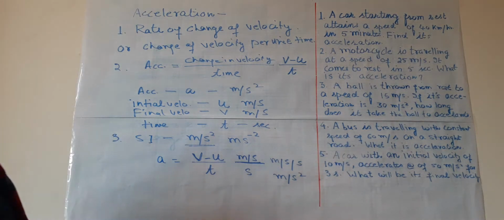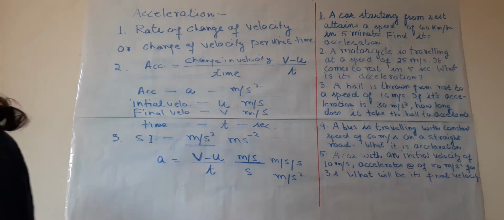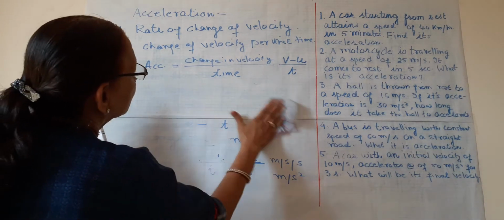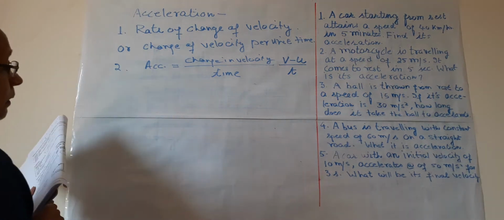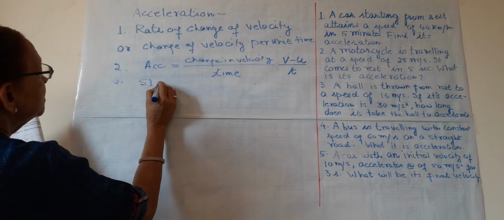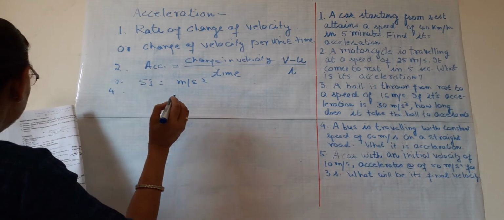Some more points should be written here. Third is the SI unit, meter per second square, and the fourth is the formula you have written.